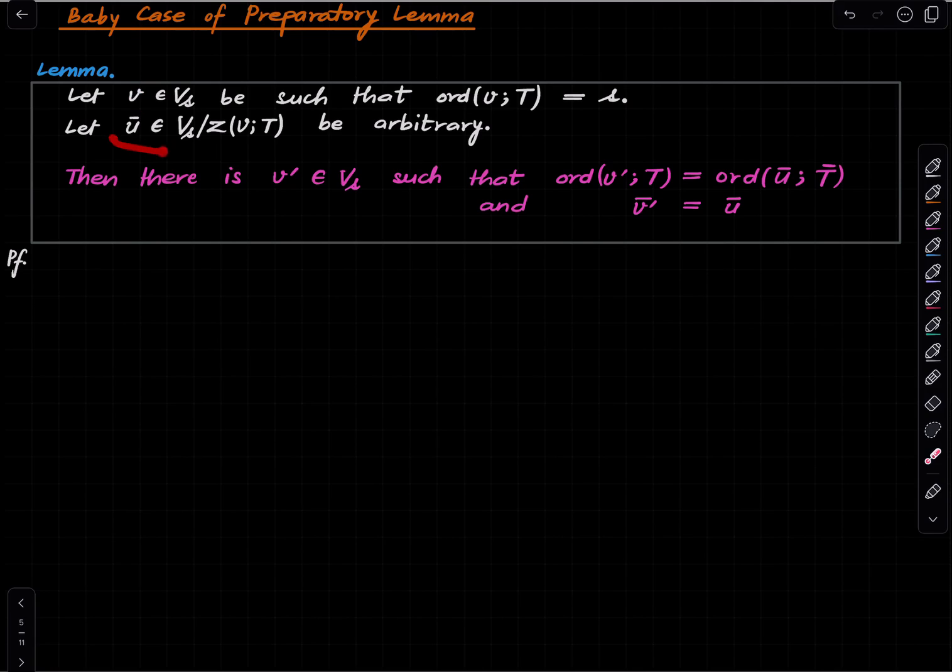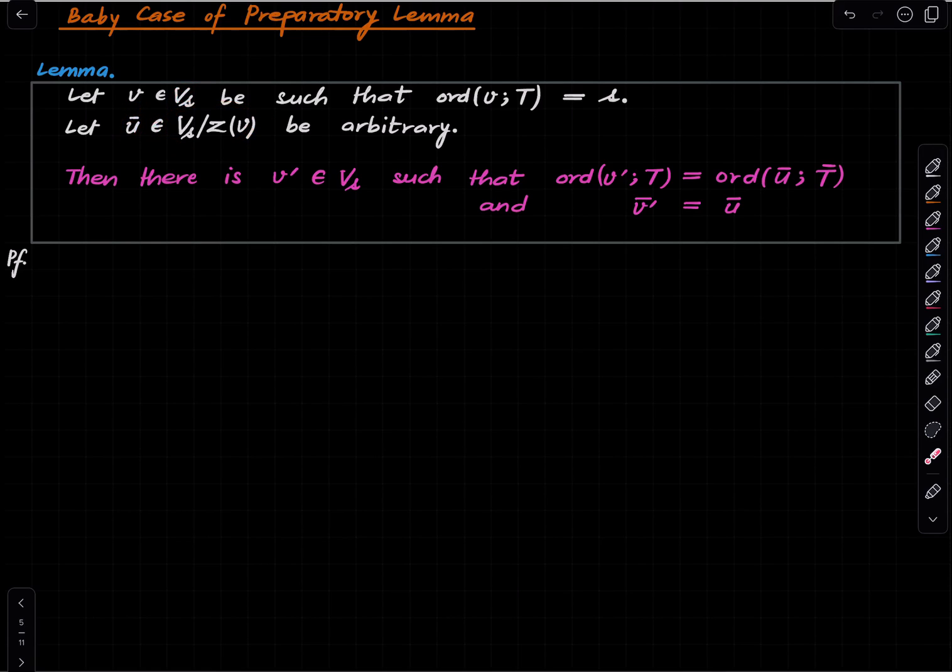Okay, and pick anything in the corresponding quotient space. When I say corresponding quotient, I mean just the quotient by the cyclic subspace generated by V. Okay. So pick anything arbitrarily in the quotient, and we have written it as u bar. So u is an element here, and u bar is the corresponding element there.